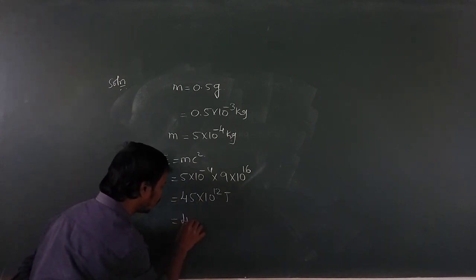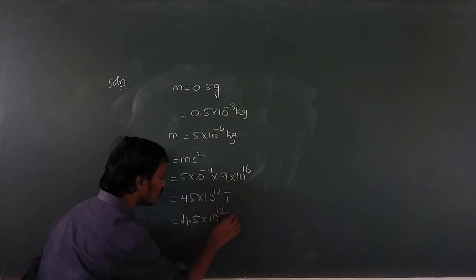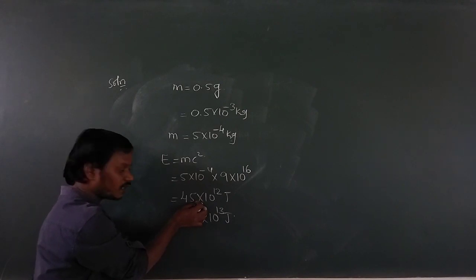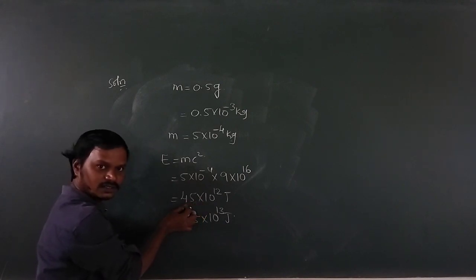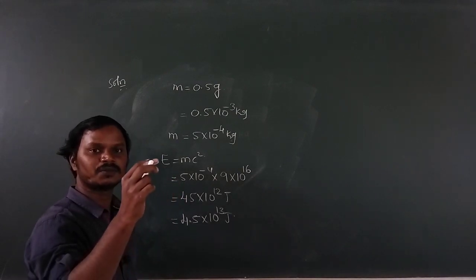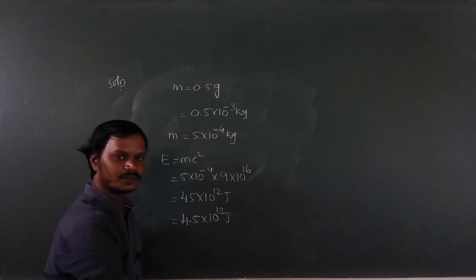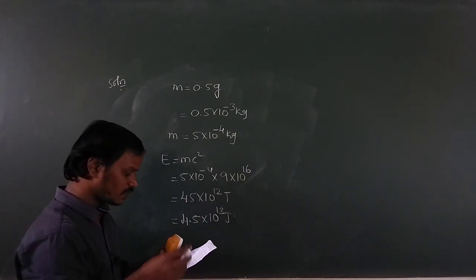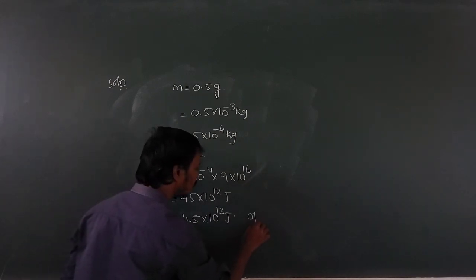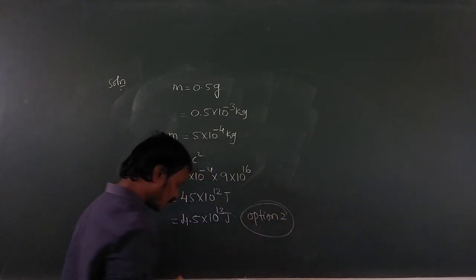So 4.5 into 10 to the power of 13 joule. Because let us displace the decimal point after one digit in left direction. Hence 4.5 into 10 to the power of 1 into 10 to the power of 12, that is 10 to the power of 13 joule. Hence option B is correct, means option 2 is correct.